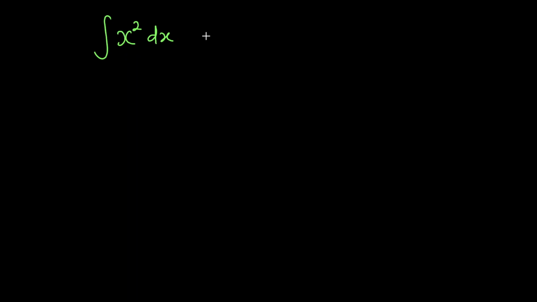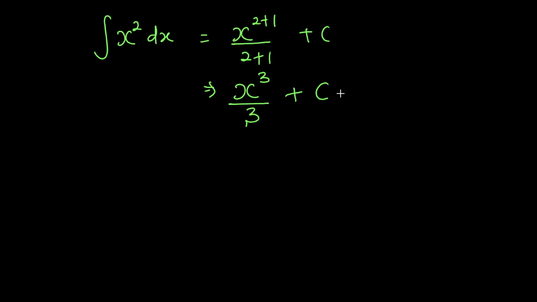So we are going to have x raised to the power of 2 plus 1, which is 3, over 2 plus 1, plus c, and this becomes x raised to the power of 3 over 3 plus c.